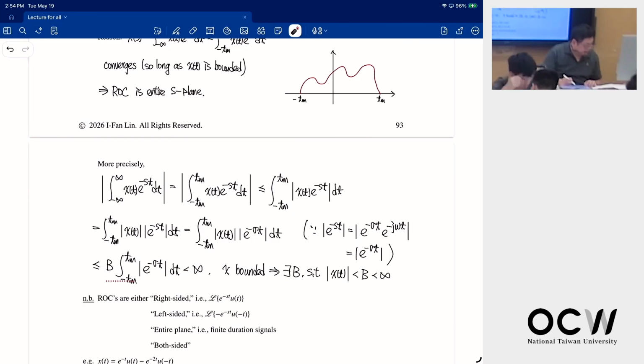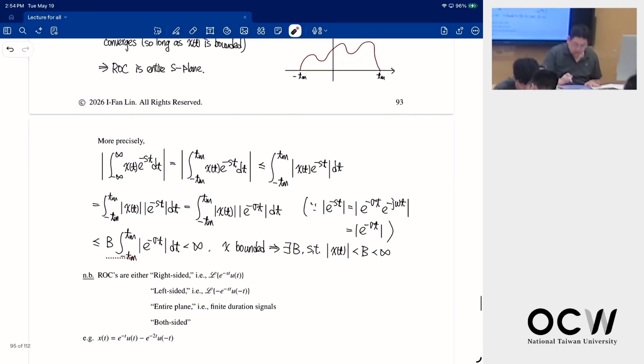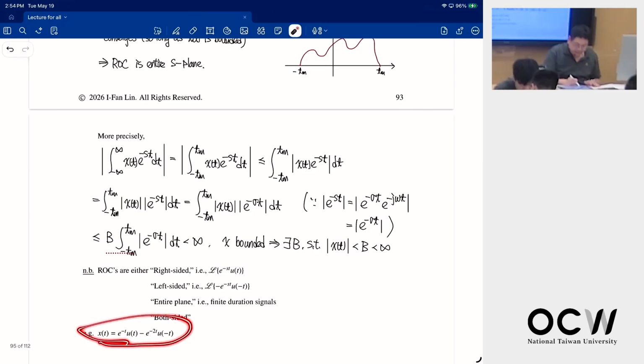We will see this in a minute. So for example, if I have this signal, this is right-sided, right? This is left-sided. So what is the region of convergence? I need to find the intersection.